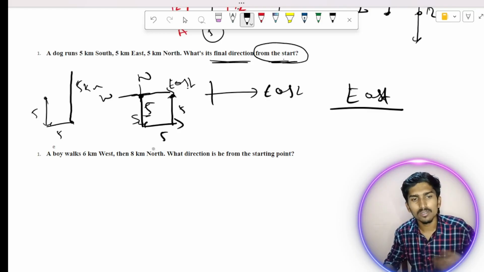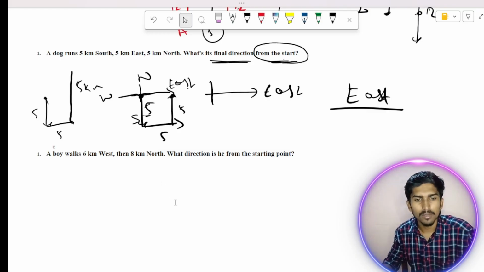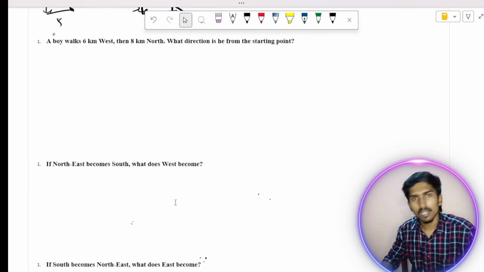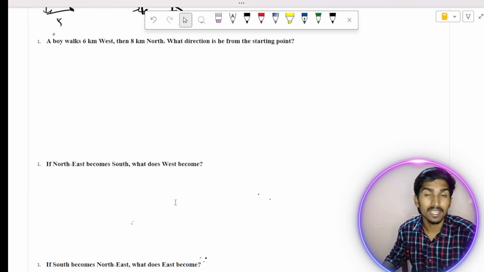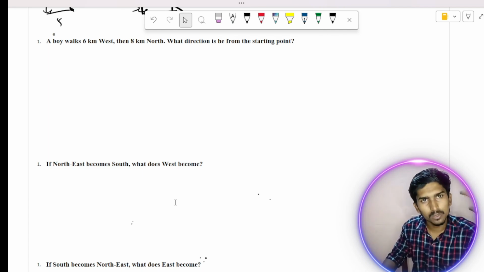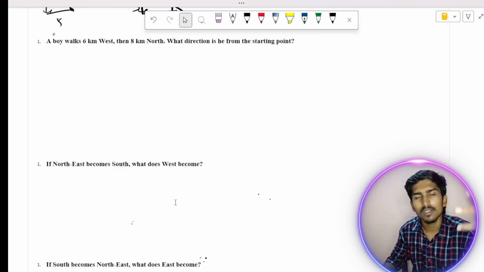When you're solving, apply your brain. That's a very simple question. We go to the next question. See, the more questions you solve, the better you will be at solving them. Any complex question, I'm actually covering all the scenarios of directions. If you are able to solve this, you will be strong enough in the basics so that you can solve any type of difficult question.